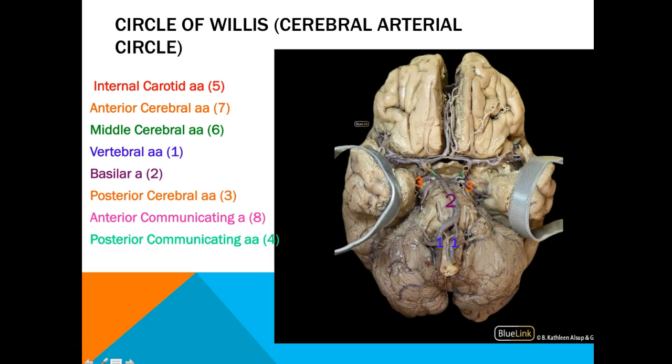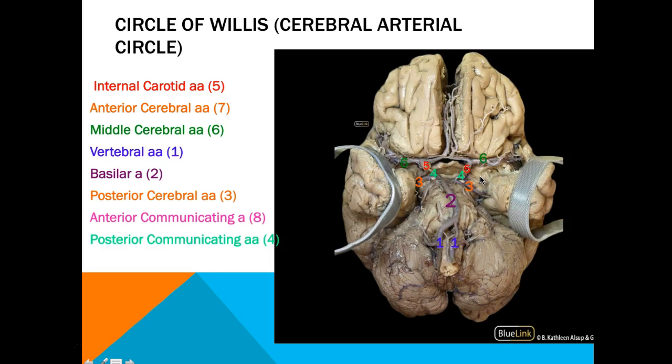From there, we are going to give branches called posterior communicating arteries. These communicate over to your internal carotid arteries, and if I take away the 5 there, you could see that these internal carotid arteries will always be open and facing you.